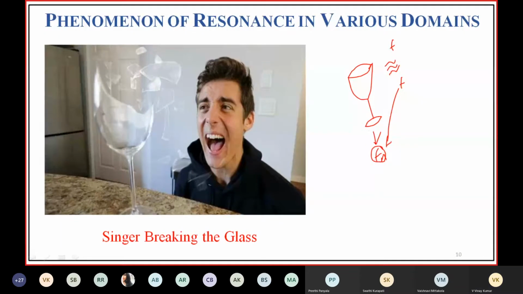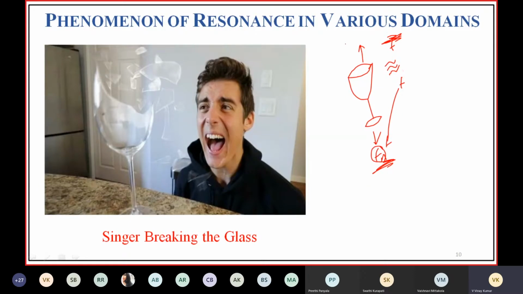Resonance occurs means at resonance this glass vibrates with more amplitude. When the glass is vibrating with more amplitude, you may break that glass. So if you produce sound waves near this glass, and the frequency of the object matches the frequency of the sound waves produced by you, then resonance occurs.